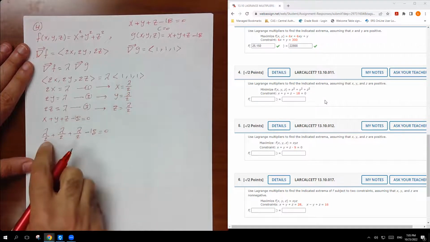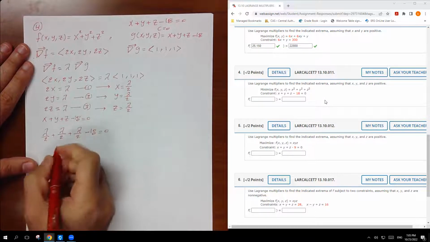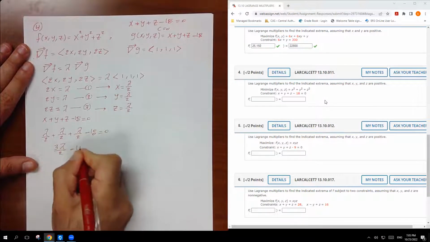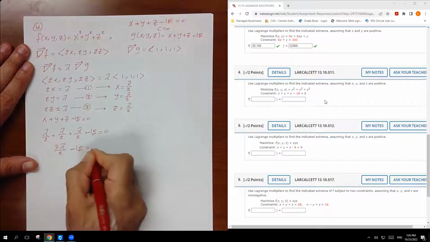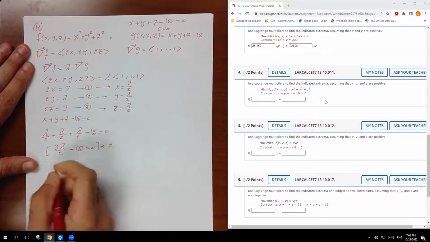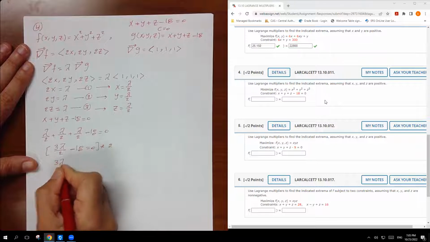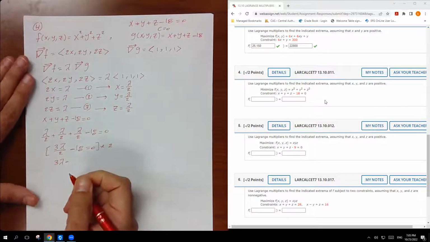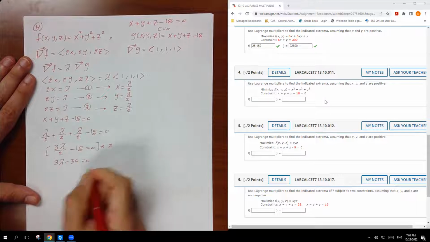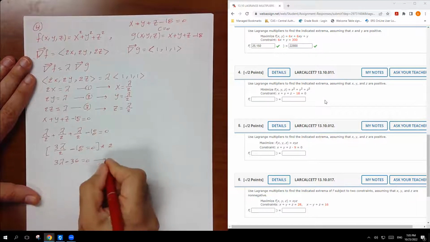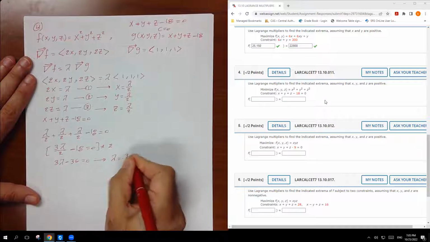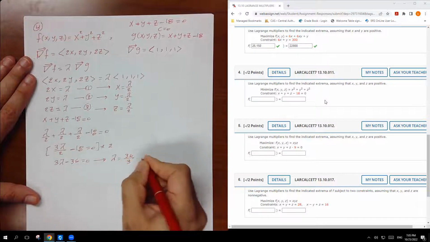So I solve for x, y, and z, and I plug in here to find the value of lambda. Now, the same denominator, so it's going to be 3 lambda over 2 minus 18 equals 0. Then I'm going to multiply by 2. That means it's going to be 3 lambda minus 18 times 2, which is 36, equals 0. So in this case, lambda is going to be equal to 36 over 3.